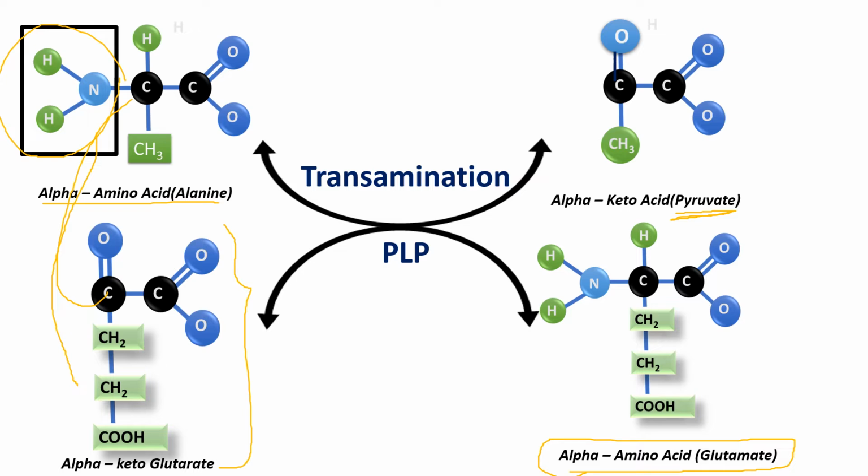This process is called transamination and it is PLP dependent. What is PLP? It is pyridoxal phosphate, and the source of this PLP is vitamin B6, that is pyridoxine. And this reaction we call transamination.